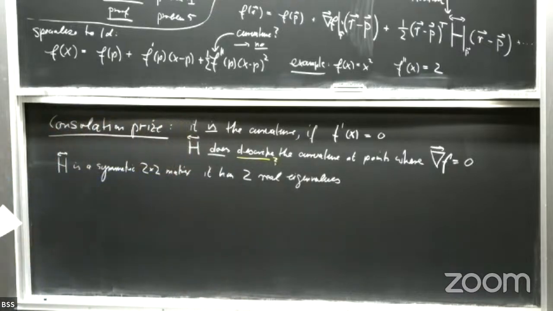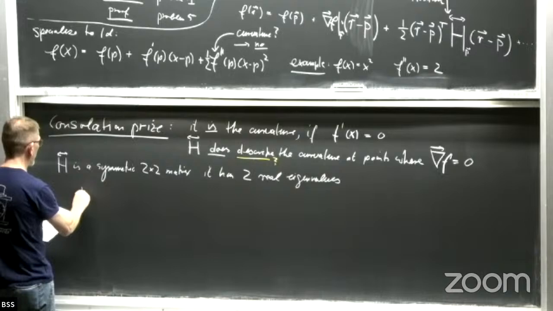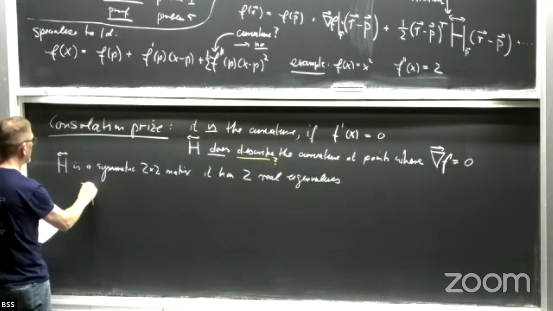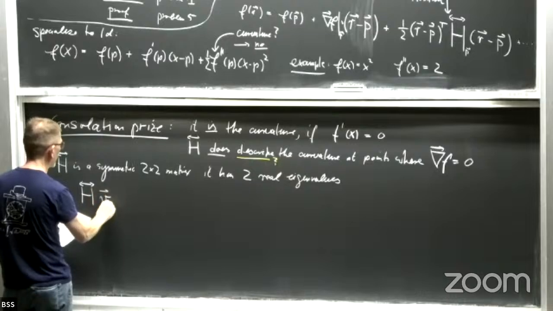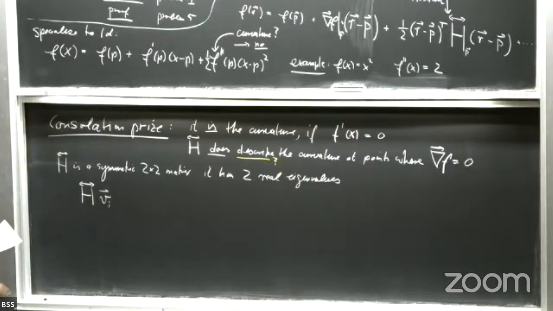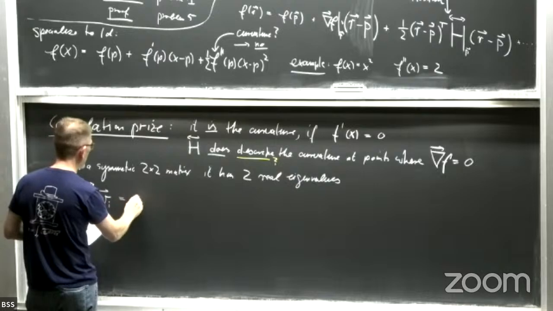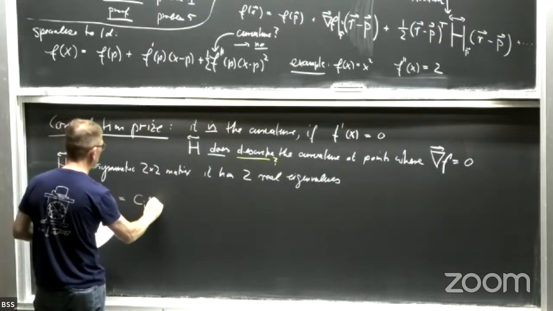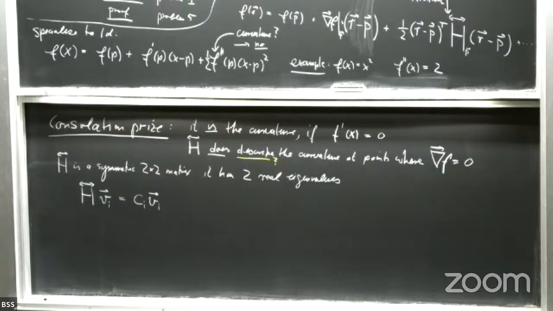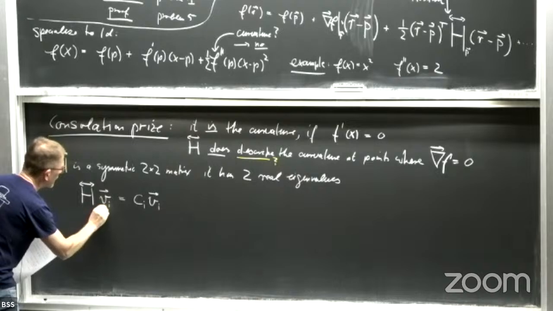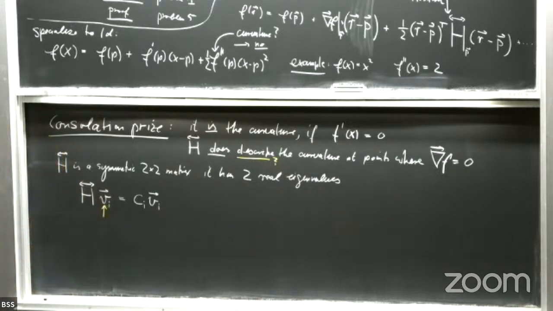So if I look at the eigenvalue equation, H times some eigenvector v_i, of course we have two of those, equals eigenvalues c_i times v_i. Then these eigenvectors have a particular meaning.